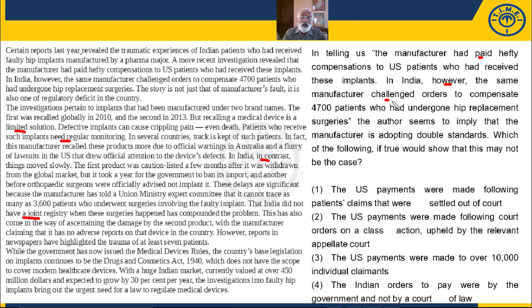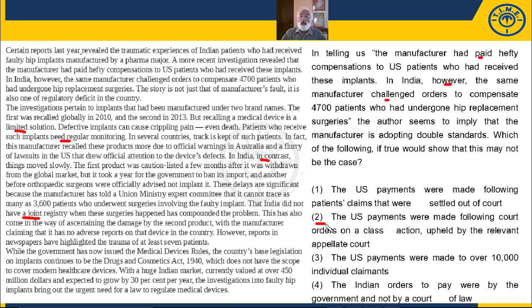If they were made after a challenge, then very clearly the same process is being followed here, as in here also they will challenge. What the challenge is going to lead to, we don't know yet. But in the US, going by statement 2, we know that the payments happened after a legal challenge, which means there are no double standards, that we are not looking at a case of double standards.